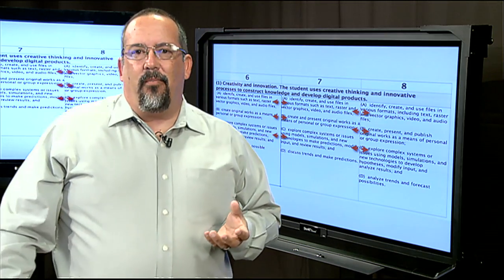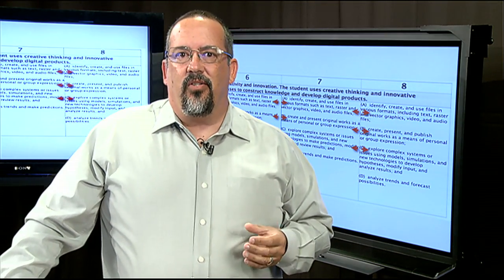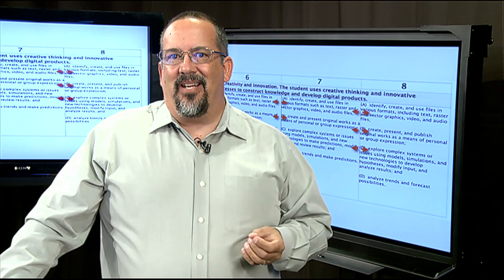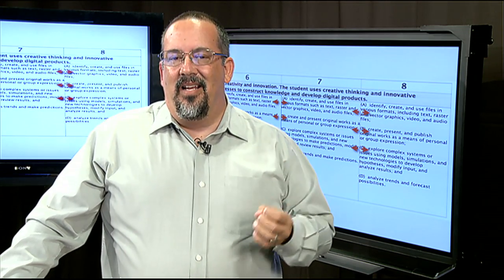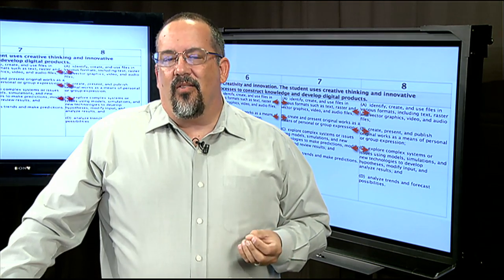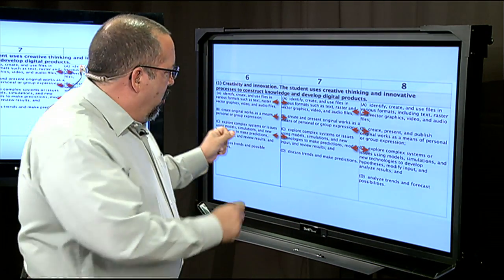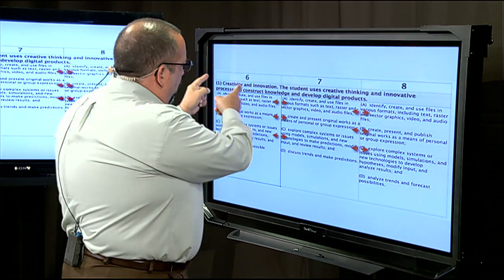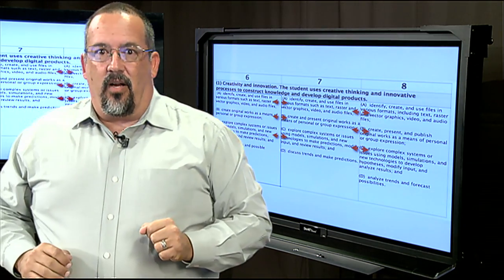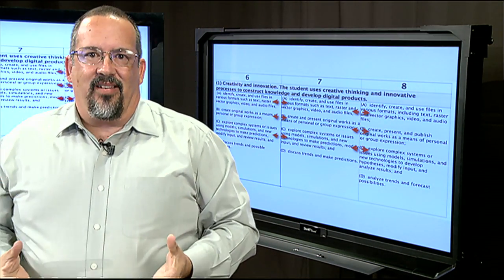So those should be familiar to all of our teachers as STAR test expectations. Discuss, analyze, make predictions. Those are all things that are in the STAR test as well. So you should notice that as the students are moving across from 6th grade to 8th grade, they go up on Bloom's taxonomy until they're finally forecasting possibilities.